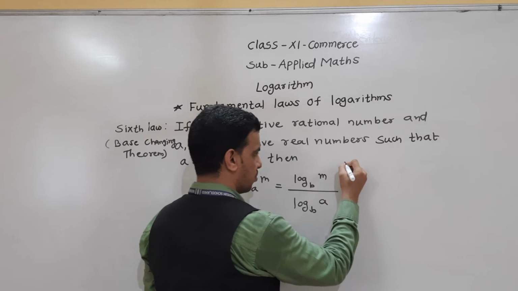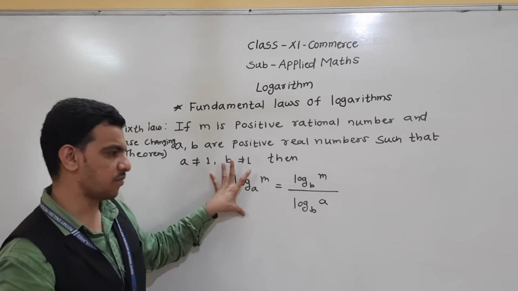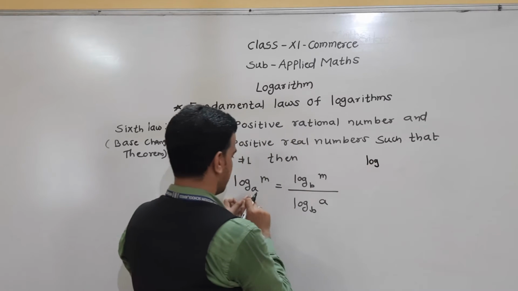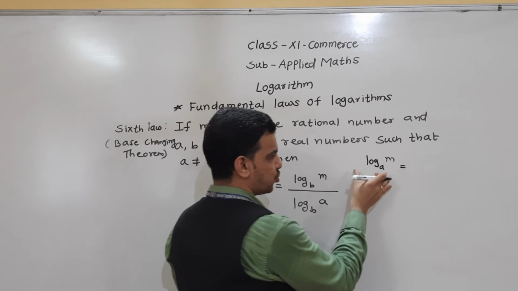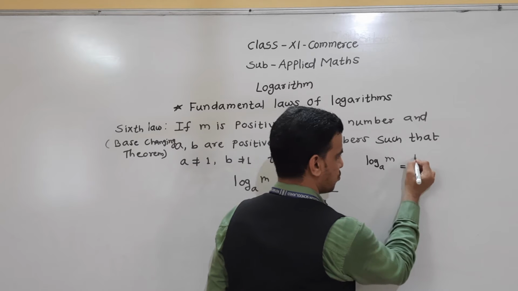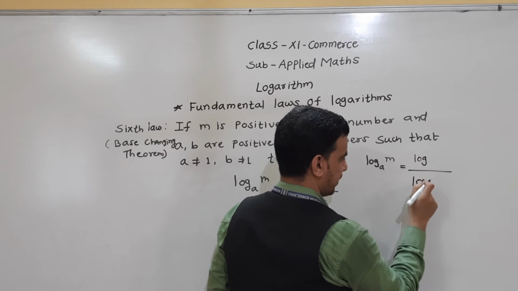We keep this formula in mind. If I am taking log m to the base a and I have to change the base to b, first we write numerator and denominator.